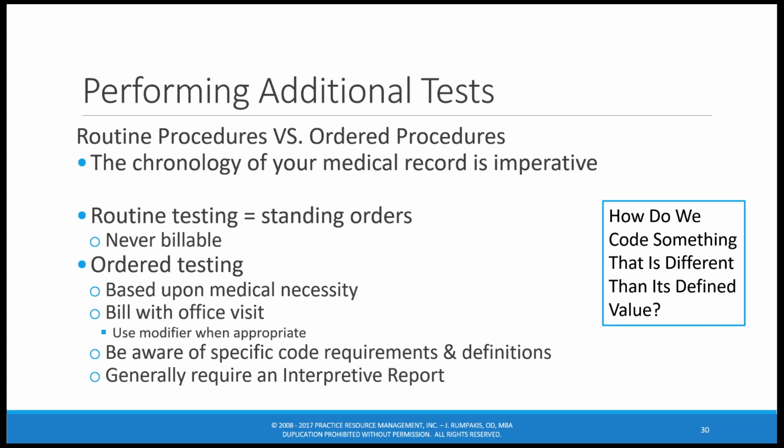All right? That means that if it's performed, it's paid for by the patient, and it's never billed to an insurance carrier, and it always happens before the patient sees the doctor. Those are the 3 predicates that have to be in place in order for a screening procedure to be done.